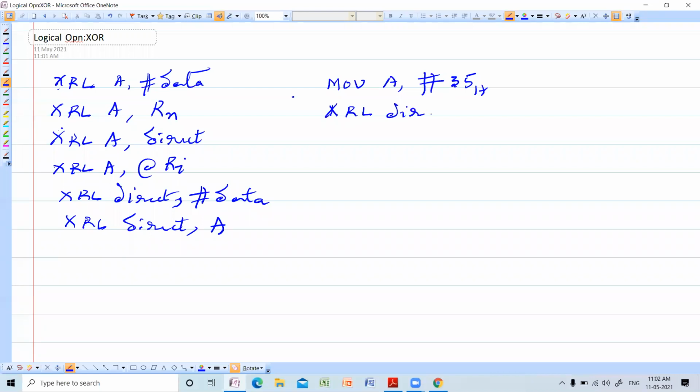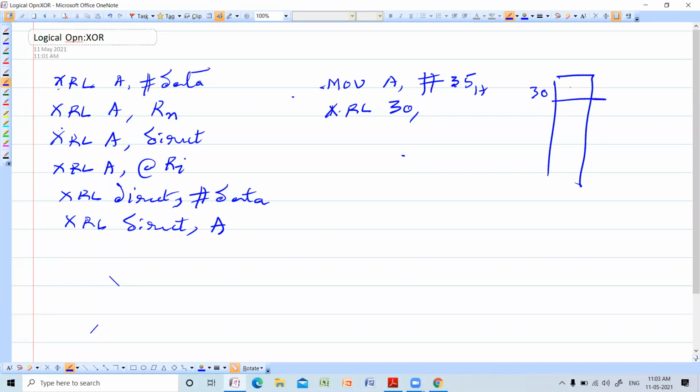XRL direct with A. Suppose I write XRL 30, comma A, and if I have some data in memory location 30, say 63.